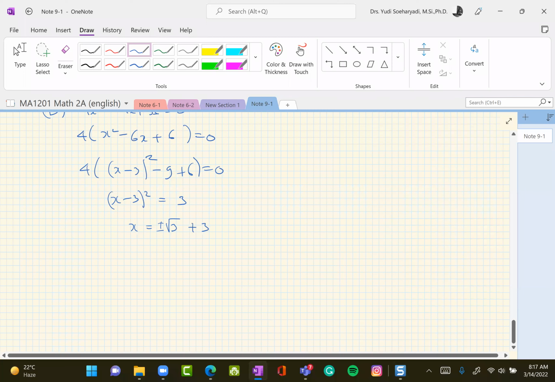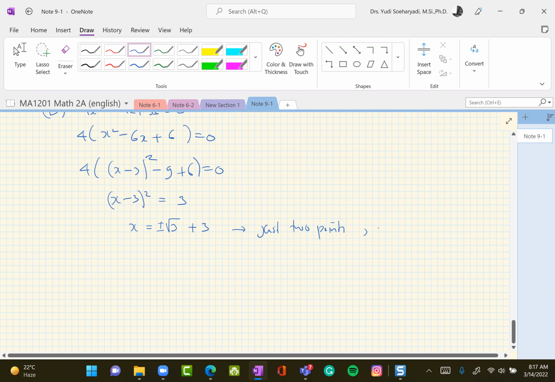Okay. So this is 2 points actually. This is not even a parabola. So I just say just points. Yes, 2 points.